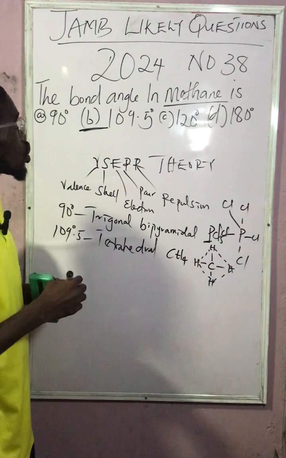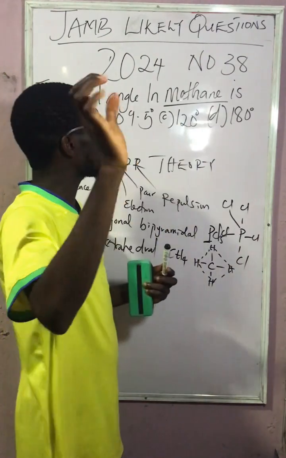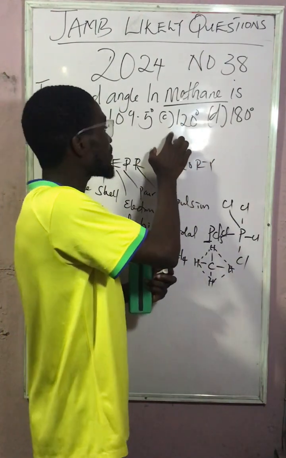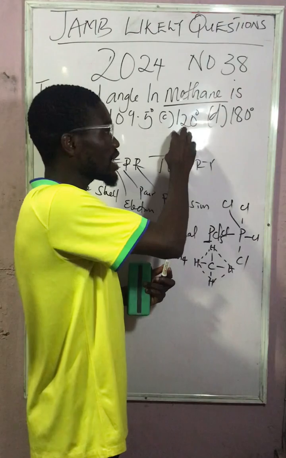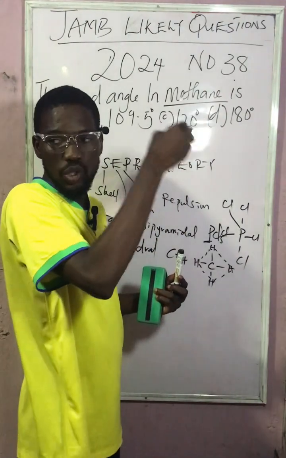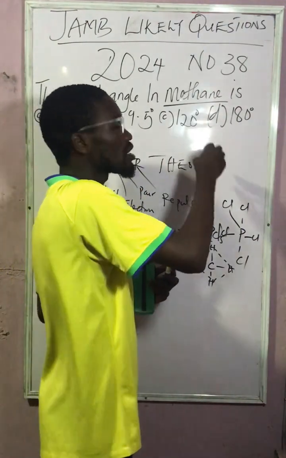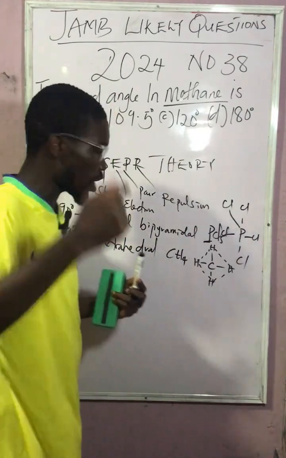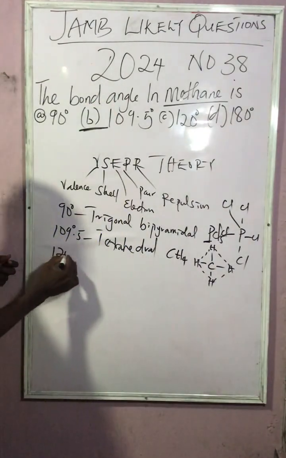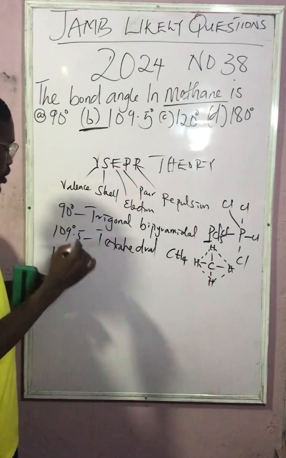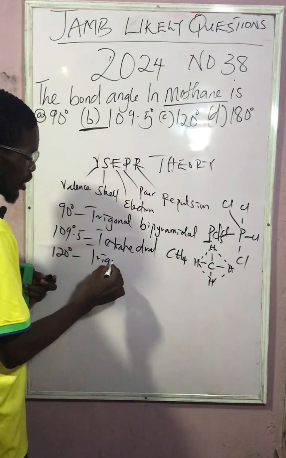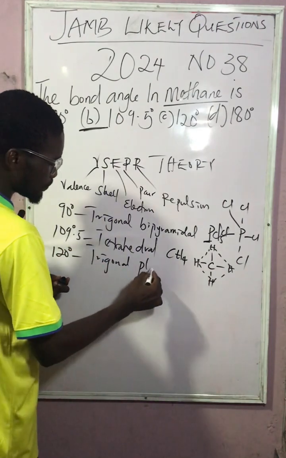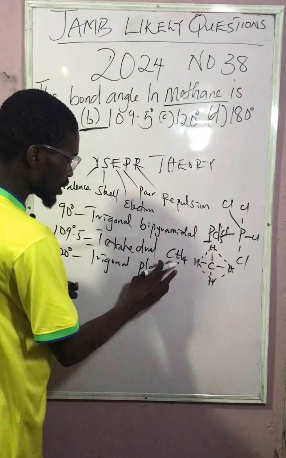But I'm not going to stop here. I'm going to show you guys how you can easily determine the 120 degrees and the compound that suits it, as well as 180 degrees and the compound that suits it. So quickly come. So we have 120 degrees. This is called trigonal planar. What did I call it?